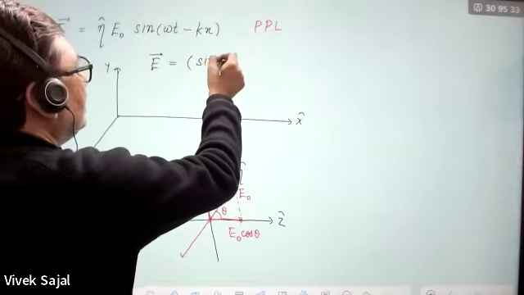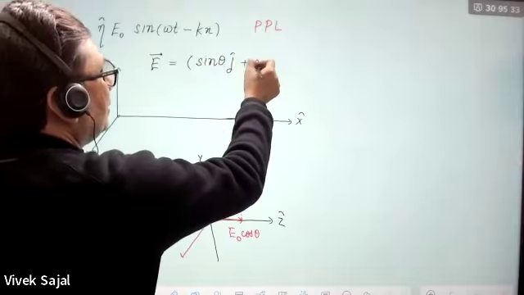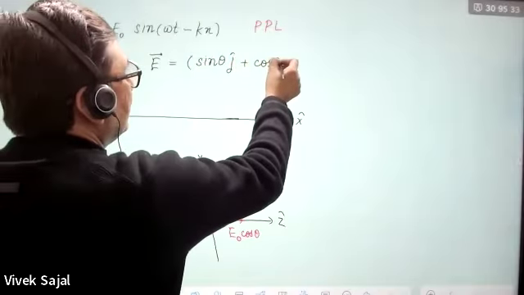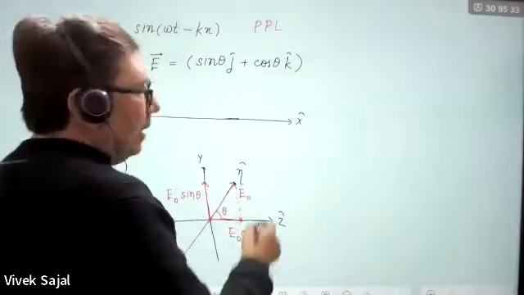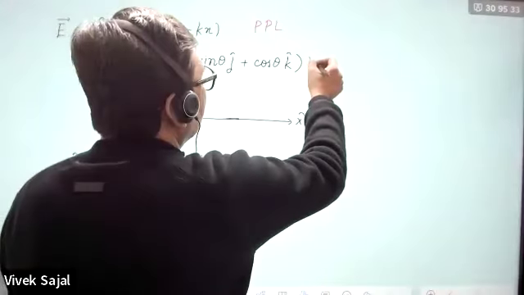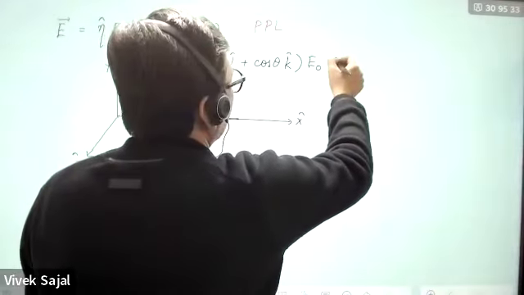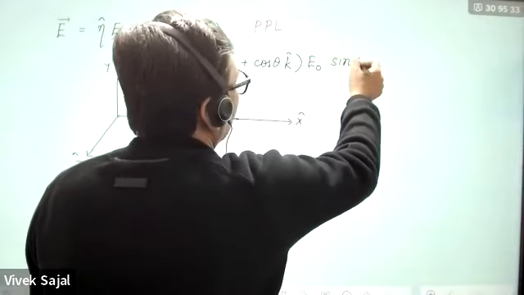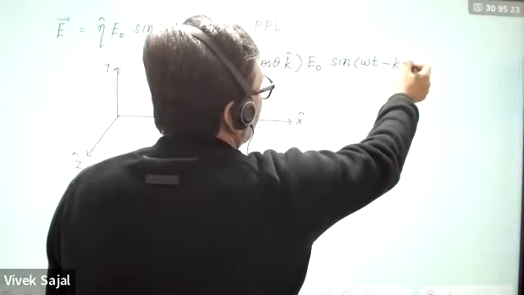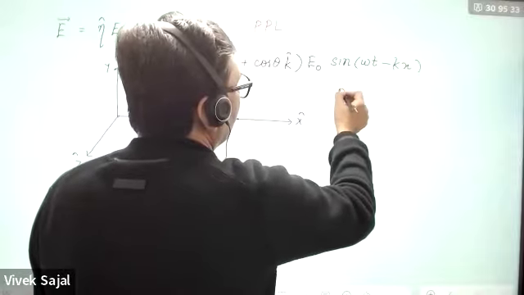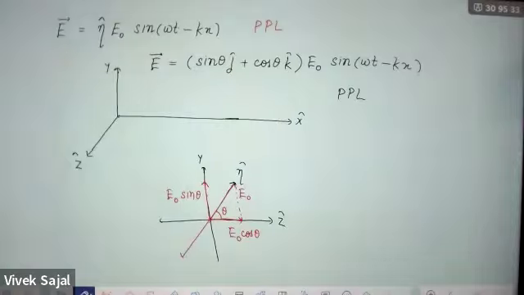So I will write sine theta j cap plus cos theta component in k cap direction, and E naught is common, and this will be sine of omega t minus kx. So this is also plane polarized light.